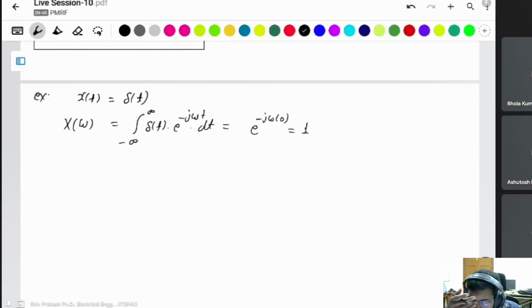Fourier transform of delta t is 1, because you know the property of the delta function.